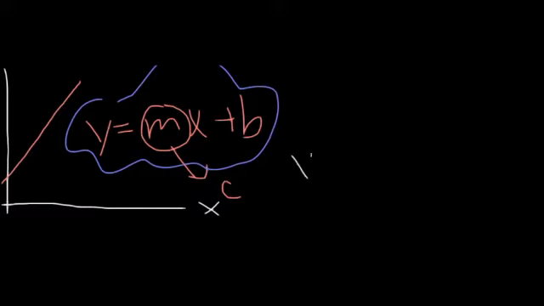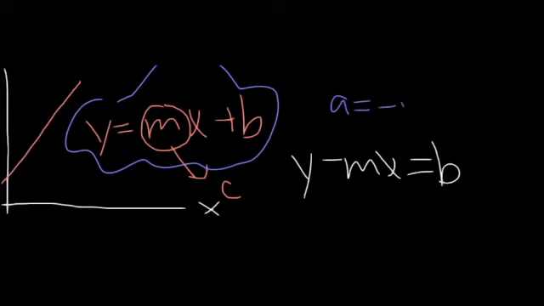So let's see, y is equal to negative m x plus b, and let's say a is equal to negative m. Now we have a x equals b plus y.